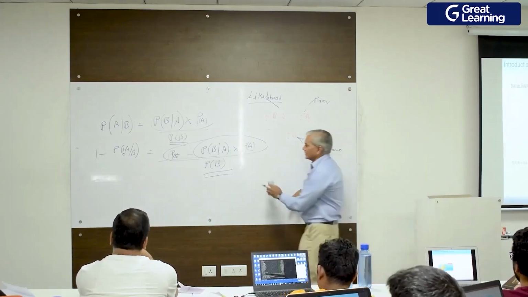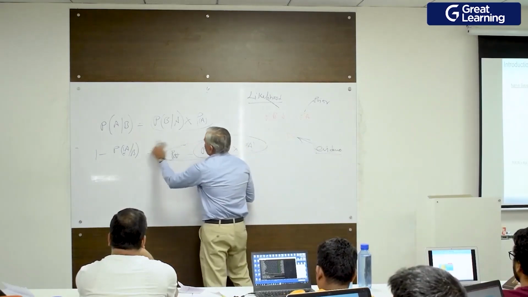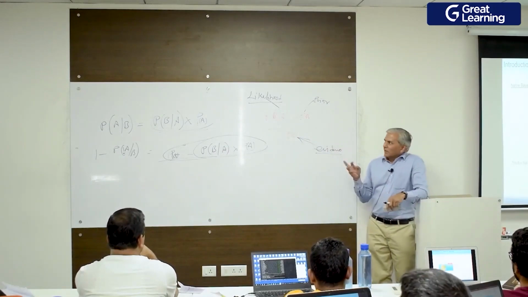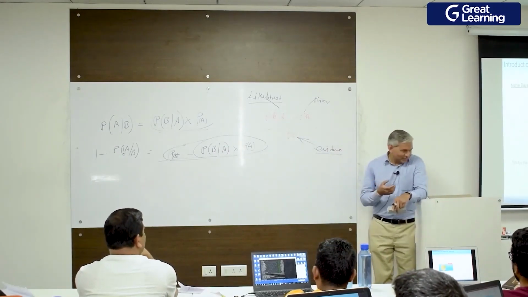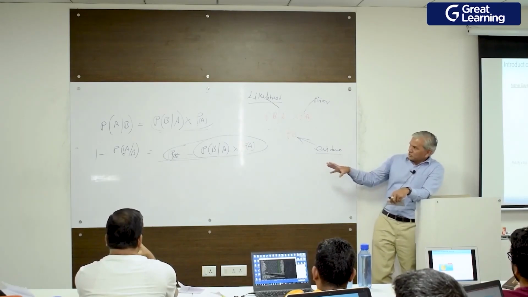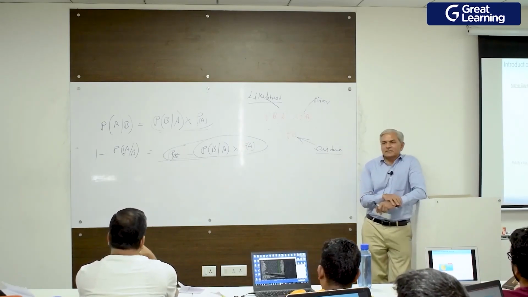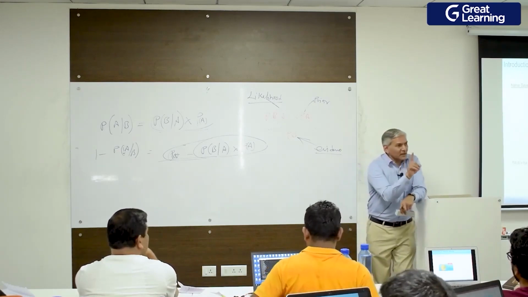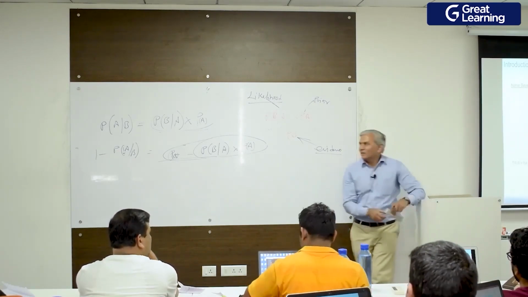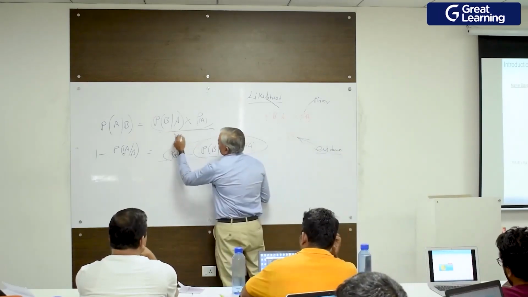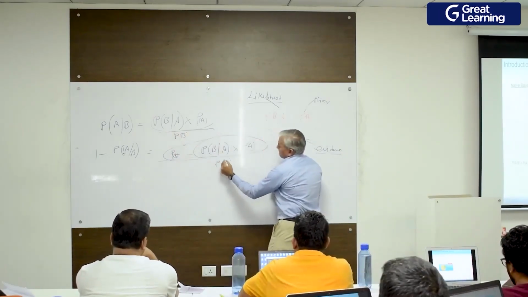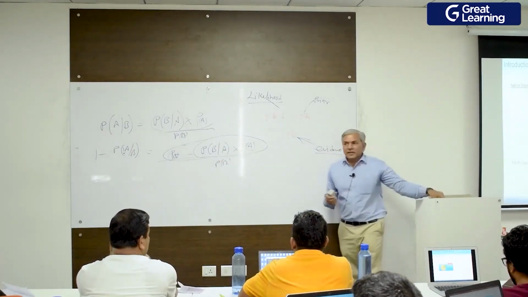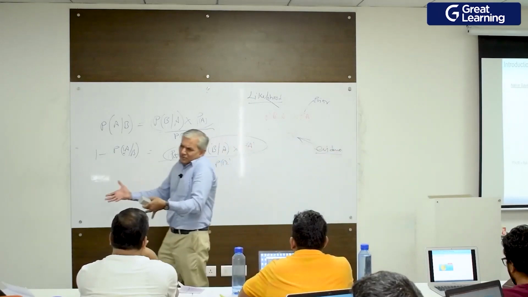So many of the authors don't reflect this. They say that this is the Bayesian model, and you will keep wondering, where did the PB go? The reason they don't show PB is that it's the numerator which decides the class. However, in case you want not the classes but the probability values, then you'll have to divide by PB. And they often say that PB is a constant.